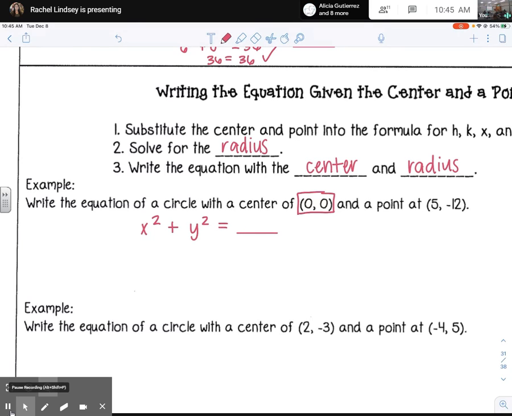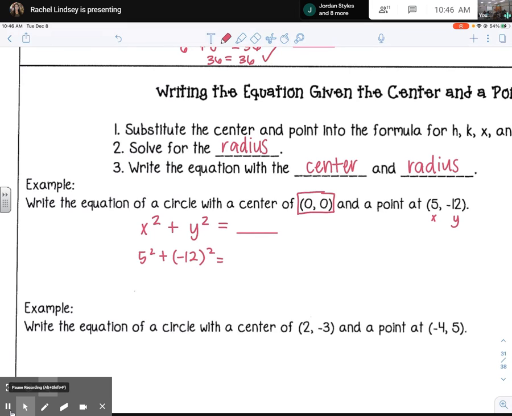But I've got to find that radius squared. So what I'm going to do now, I'm going to take that (5, negative 12), and plug it in for x and y and see what it gives me. So I'll have 5 squared plus negative 12 squared, and I'm going to see what that equals.